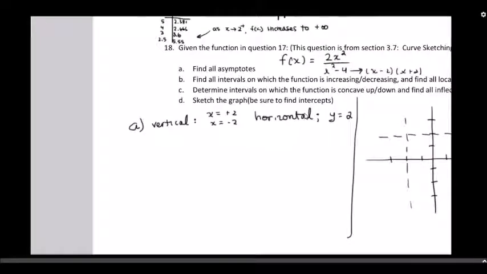So for part B, need to find f prime of x. This is going to use the quotient rule, which is low d high, let me make sure I get that correct. The derivative of the top function would be 4x, low d high minus high times d low all over low squared.